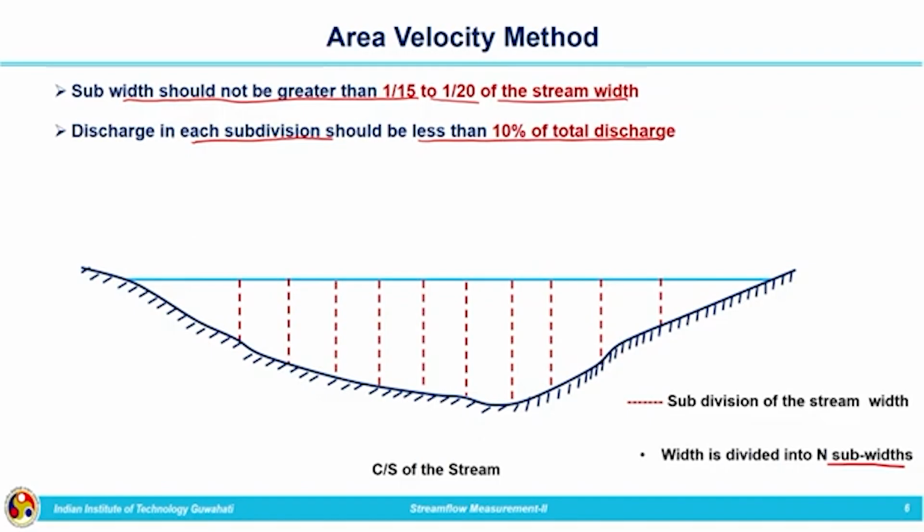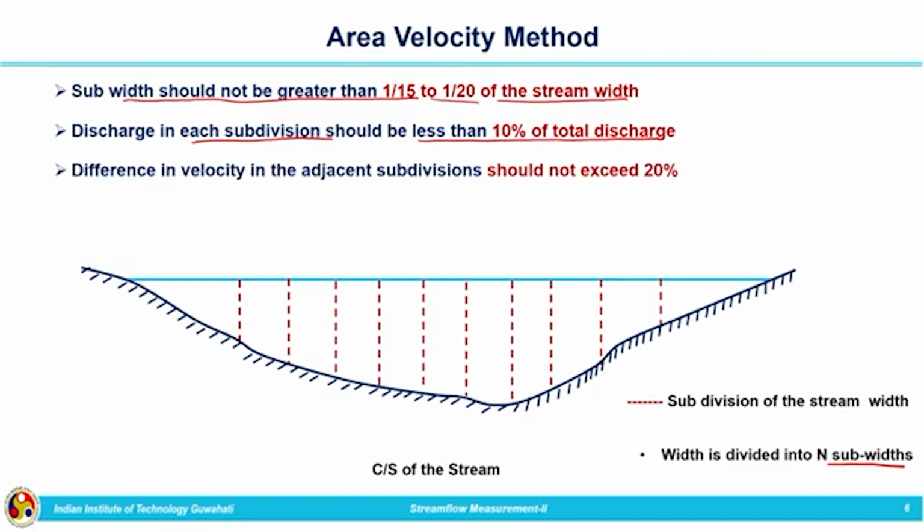So, this comes with experience only, but the width of the cross section can be divided in such a way that it is less than 1/15 to 1/20th of the total width of the stream. And one more condition is that the difference in velocity in adjacent subdivisions should not exceed 20%.